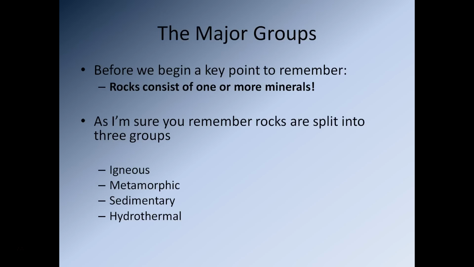So hydrothermal rocks are intimately related to igneous, metamorphic and sedimentary processes. So I always find it a little bit dodgy to say that there is a 4th class of rock, but some people believe that hydrothermal rocks should have their own separate group. So just be aware of that.